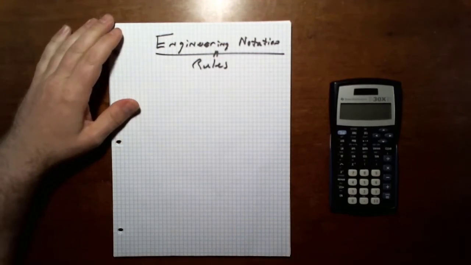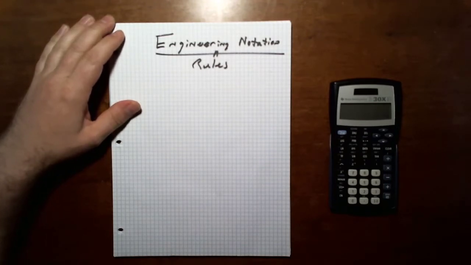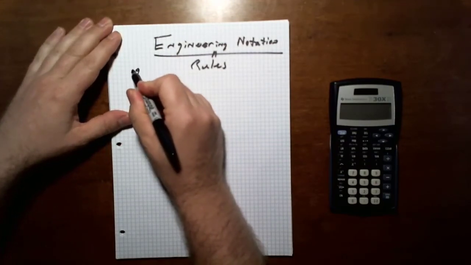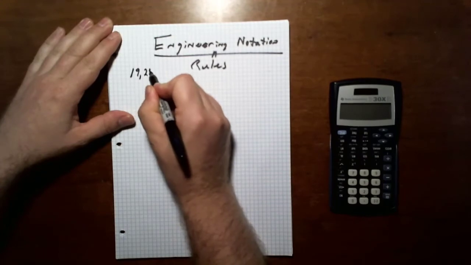And let's just go ahead and pick a number now. We'll pick just randomly 19,243.